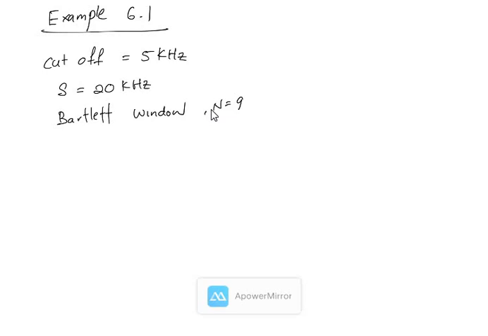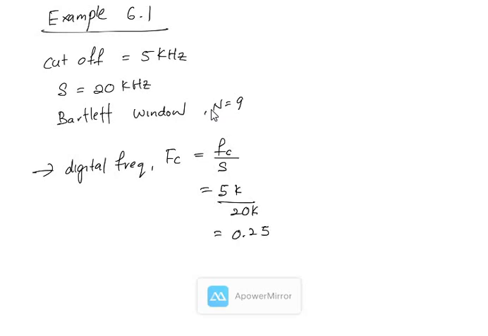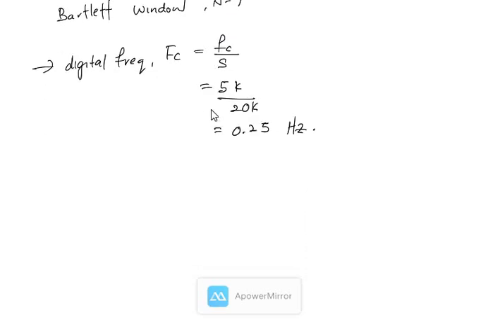So first of all, you need to find the digital frequency, that is fc equal to cutoff frequency divided by fs, that is 5k divided by 20k. So this is equal to 0.25. Second, the symmetric truncated impulse response. So h[n] equals 2fc sin(2πnfc) over 2πnfc.